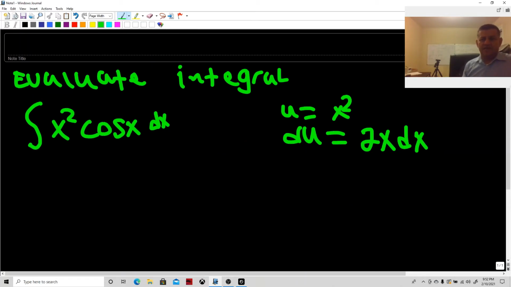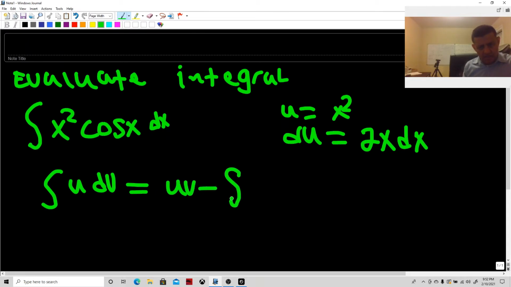Okay, so let me just rewrite the definition of the integral back here just to refresh it, right? So the integral of u dv equal to uv minus the integral of v du, right?